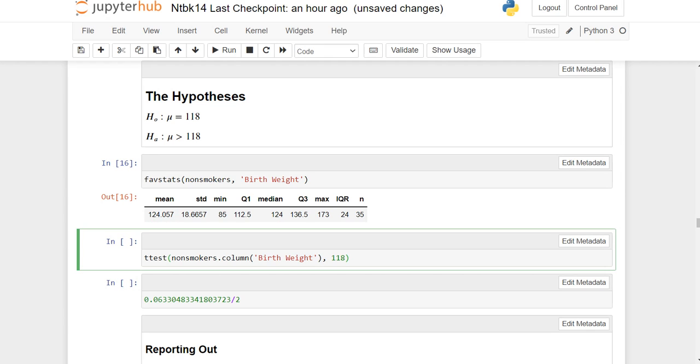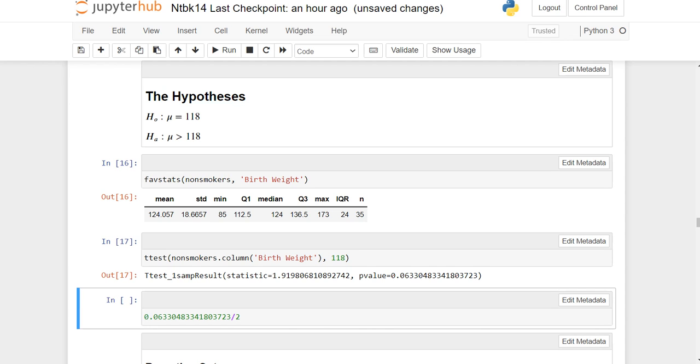All right. So again, this 118 in the code block is referring to the population mean equals 118, that pop mean that was in our first test. We can shorthand it. Boom. And notice that we get a p-value of 0.0633, but this is a two-tailed test p-value.